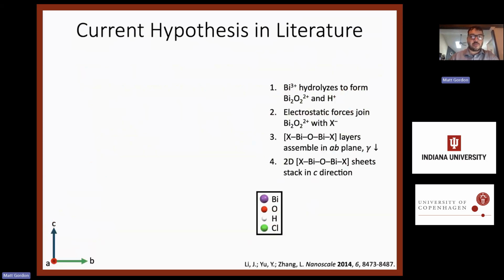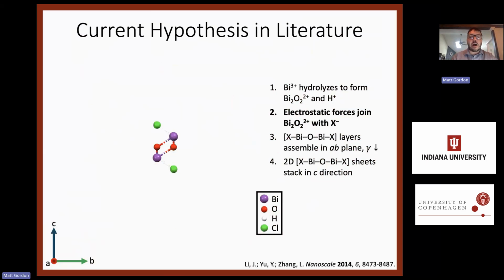not previously possible. And so briefly, I'd like to just discuss what the literature says currently about the nucleation and growth method. This has not been tested, but this is the hypothesized way. And so, just a little cartoon here, we start with bismuth hydrolyzing in water to produce these Bi2O2 positively charged species.